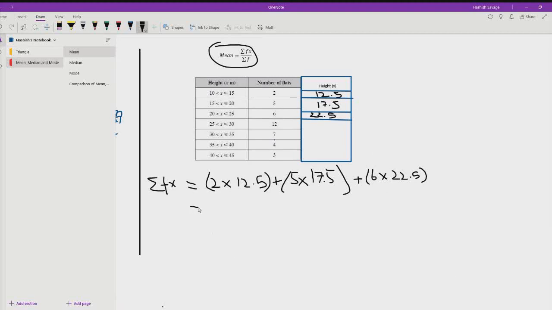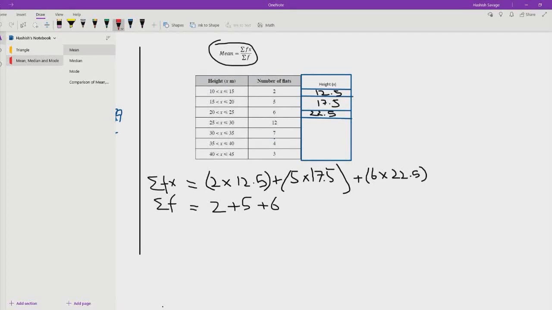Okay guys, now you need to find the second value, which is summation f. I have taken the first three values, so that is 2 plus 5 plus 6. Now let's get the answers. If I add, this will be 25 and 87.5 and 135, which will equal 247.5, and the answer to this will be 30.